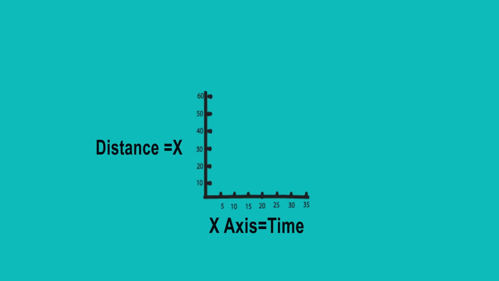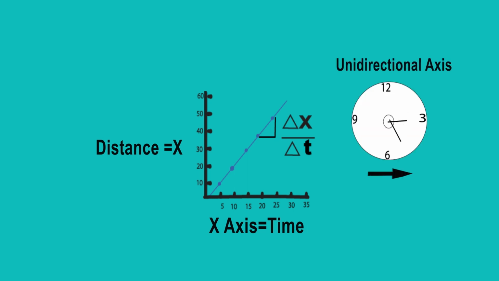Speed and rate. When the independent axis is the time axis, then the slope of that plot will be termed speed or rate. Remember that time is a unidirectional axis, so it becomes different from other coordinates. The time coordinate is unique. It is unidirectional. This means that it has only positive values and does not have any value in the negative direction.